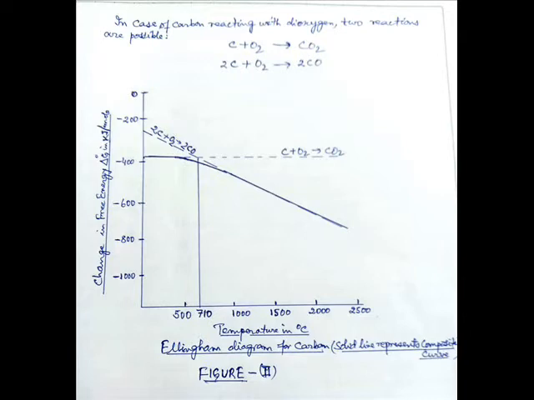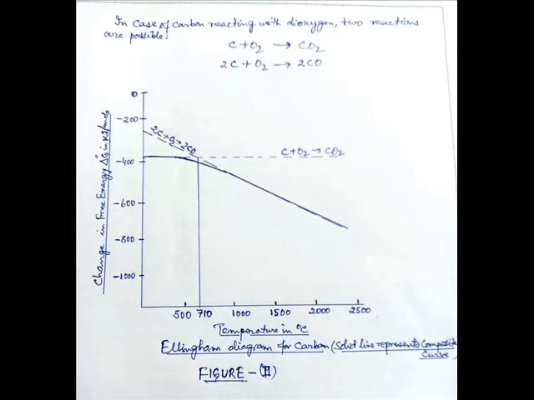This is given in figure 2, so concentrate on figure 2. We see the equations C plus O2 gives CO2, and 2C plus O2 gives 2CO. That means in equation 1 CO2 is formed, and in equation 2 we form CO.